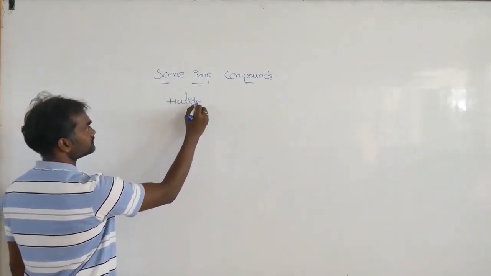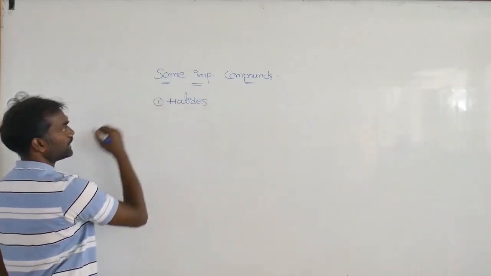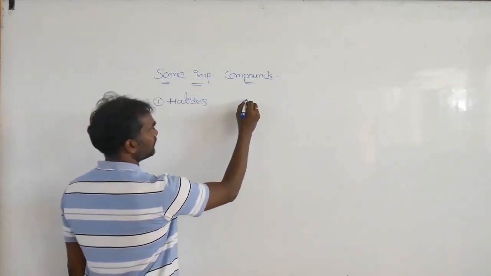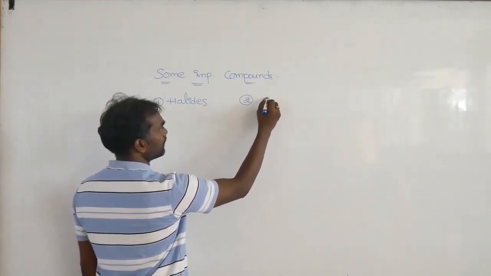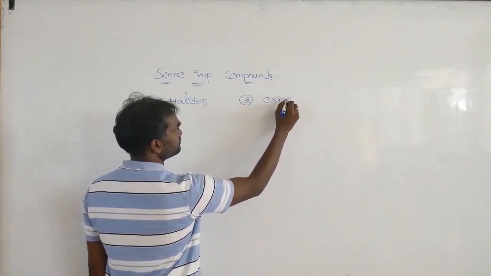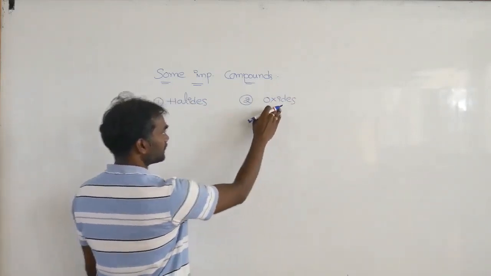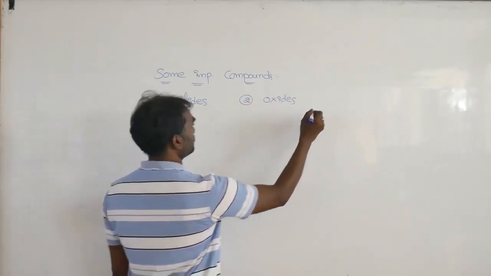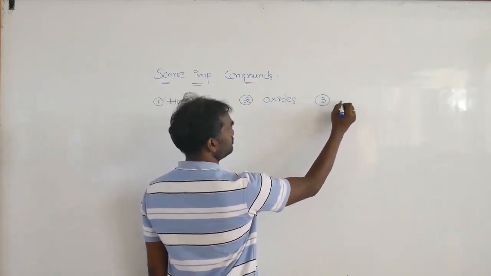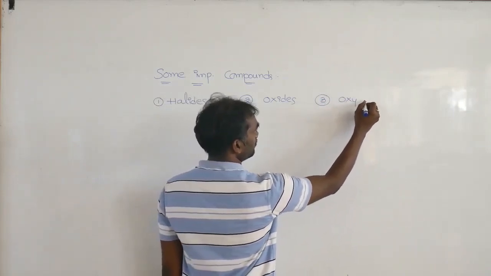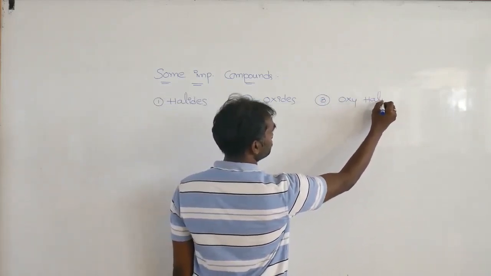Halides. So halides are there. Next, oxides. Next, oxygen and halogen combination, so that is oxyhalides.